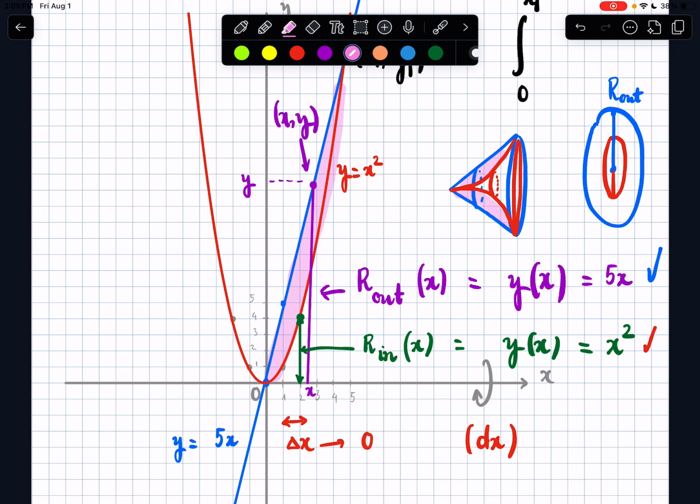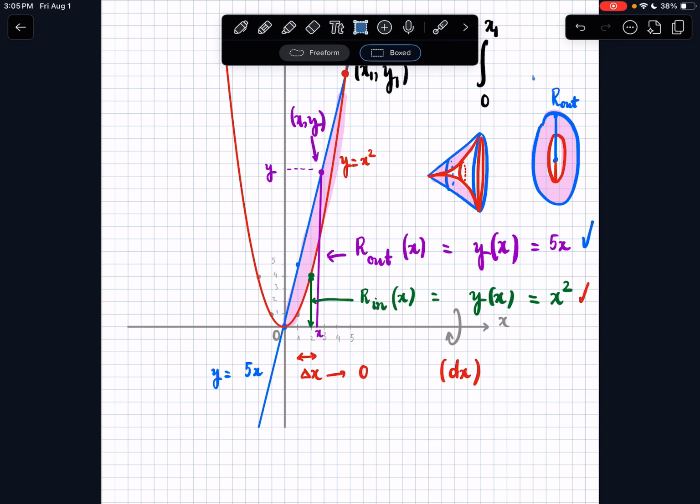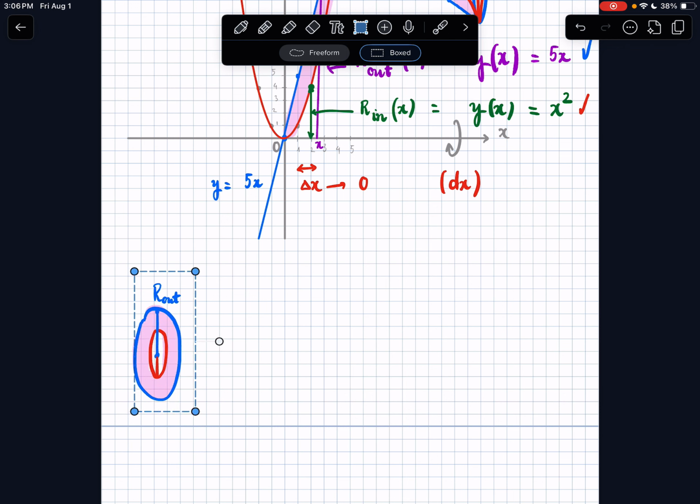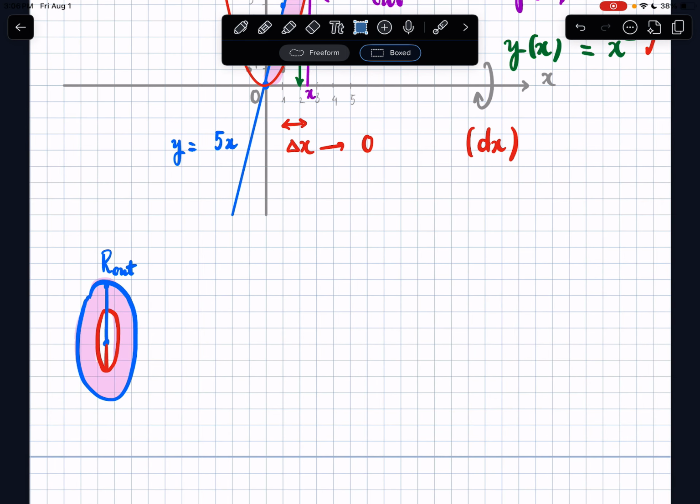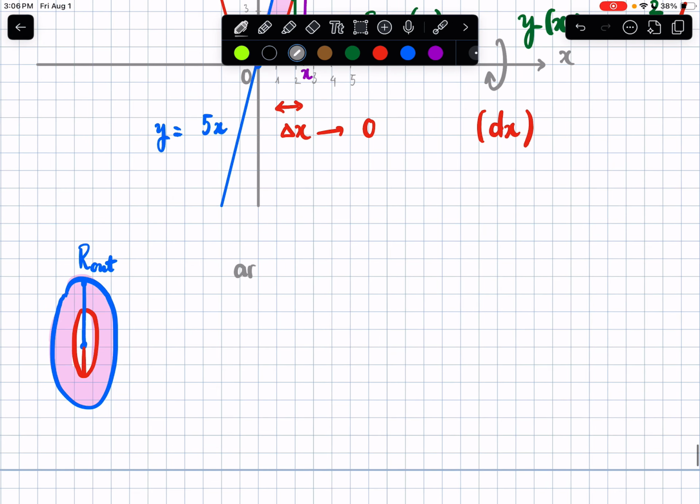The area of the cross section, or washer, is pi times R outer squared minus R inner squared.